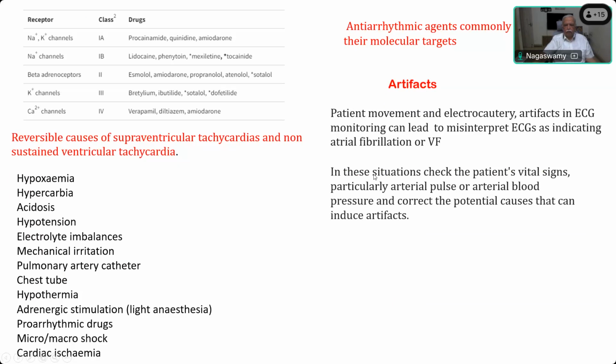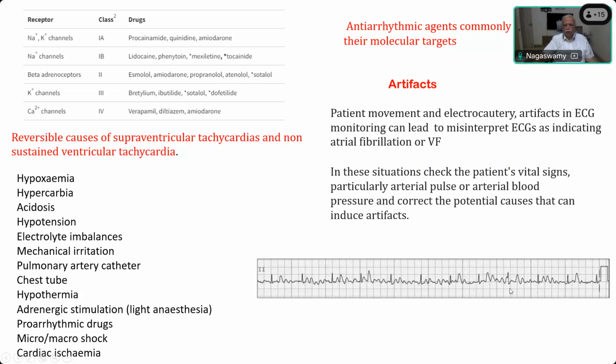And if they are found normal, then you can say it is artifact. So this is how it will look. It doesn't fall into any particular category, but you see a QRS with an R wave, then it goes bizarre. So this is practically a good example of an artifact.